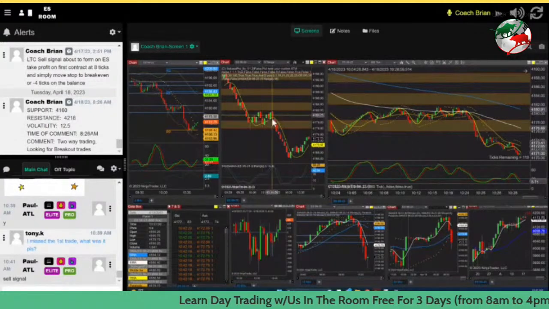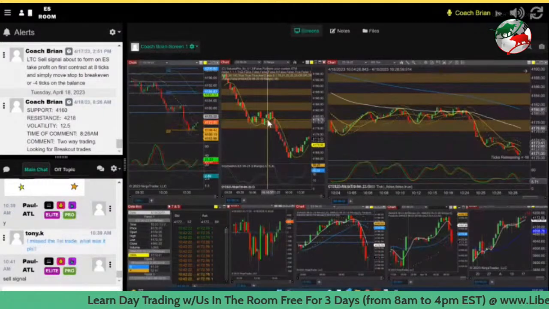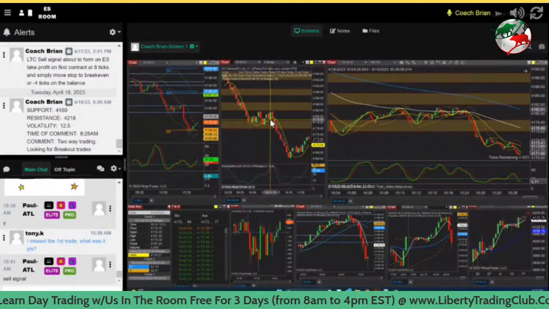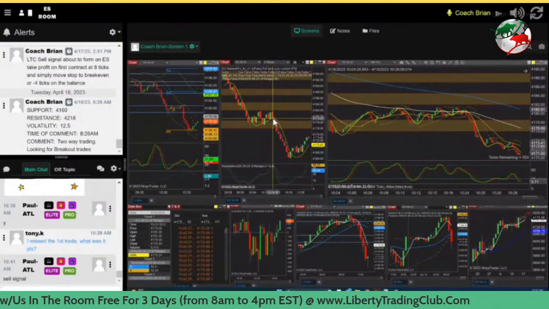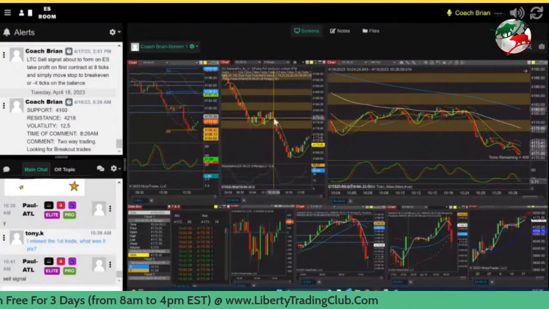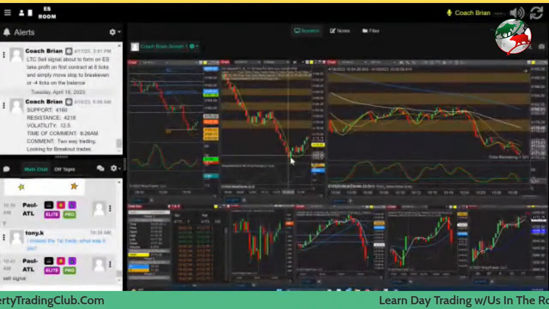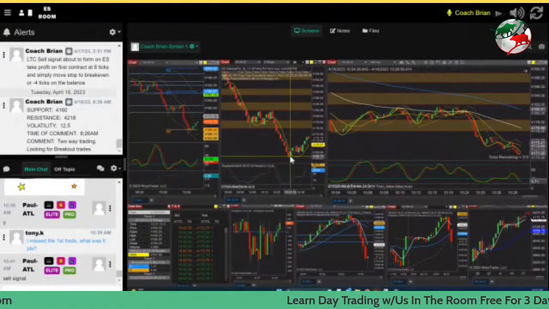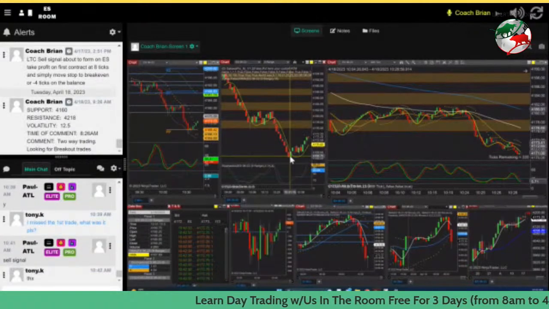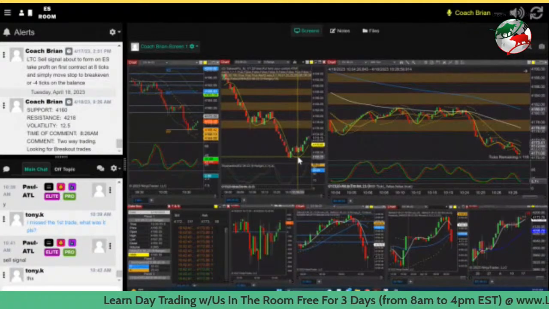So we were following our little HMA here on the 9 range to get us in around 79.50, and that was the trade that got us our home run.